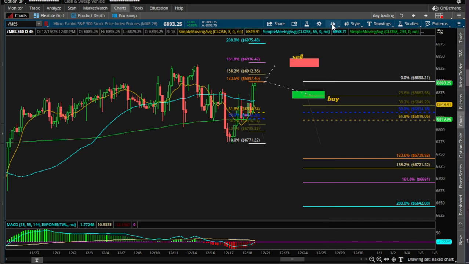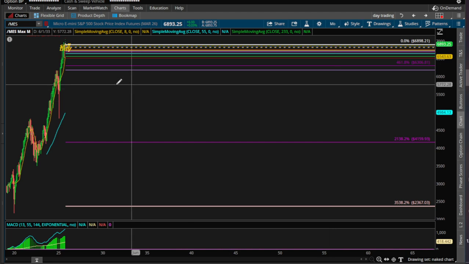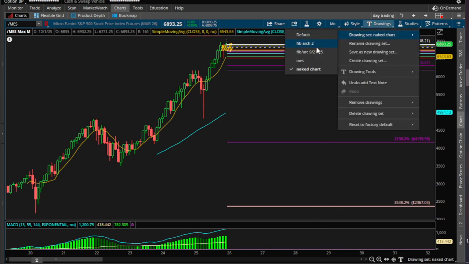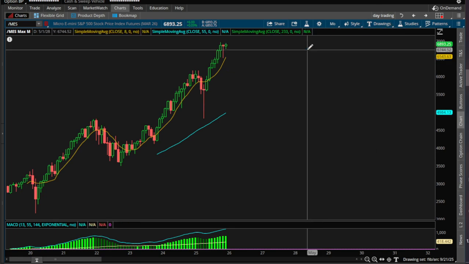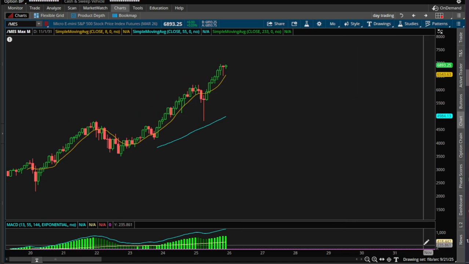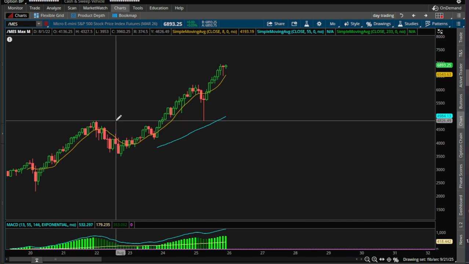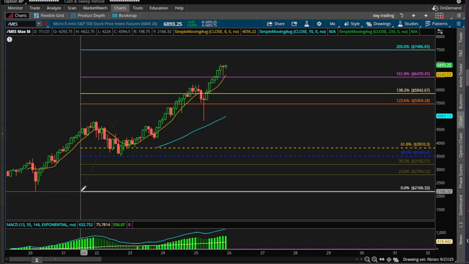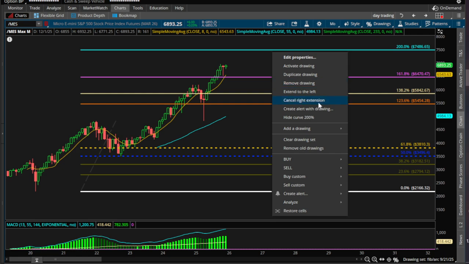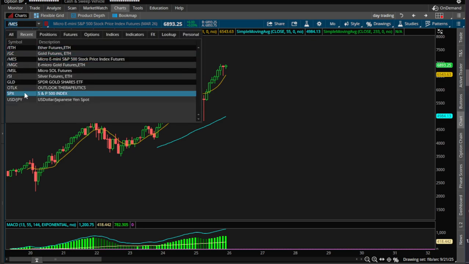Like I said, the overall chart, and I'll put it back on the monthly here, is almost to completion. I don't really have the targets up on this chart here, but that one's not right. So it's back on the SPX. Let me put it back on the SPX real quick.